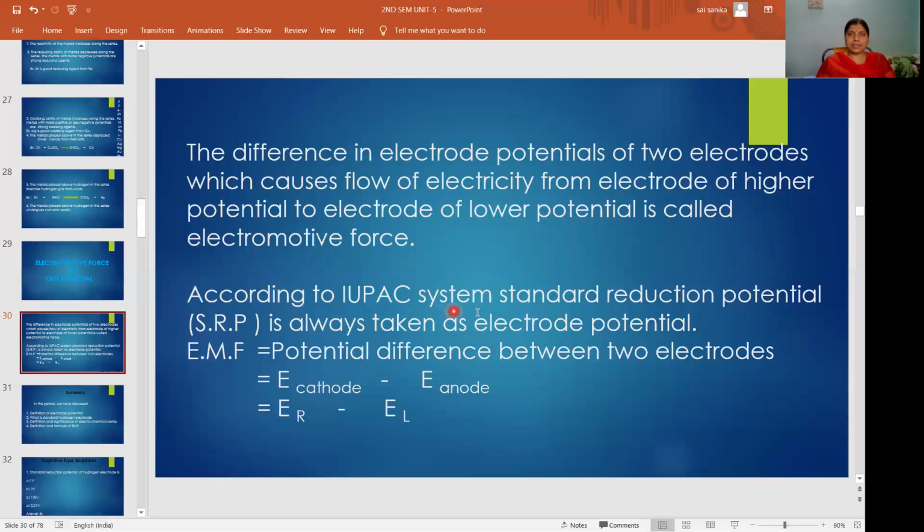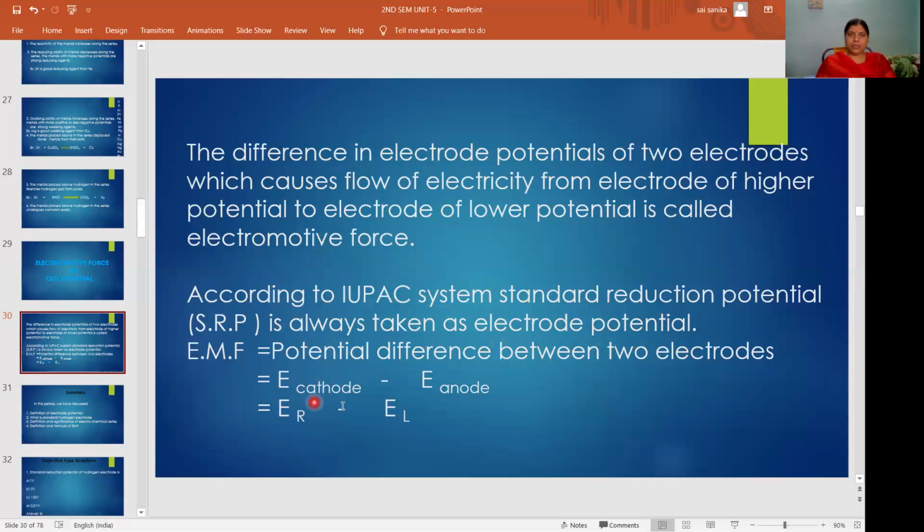According to the IUPAC system, standard reduction potential is always taken as electrode potential. So we will take these SRP values as electrode potentials. So what is EMF? Potential difference between two electrodes.